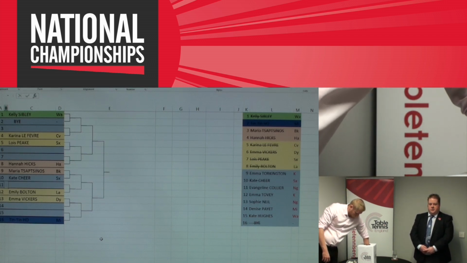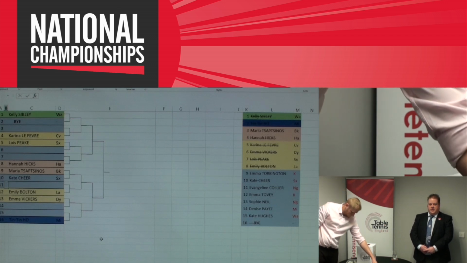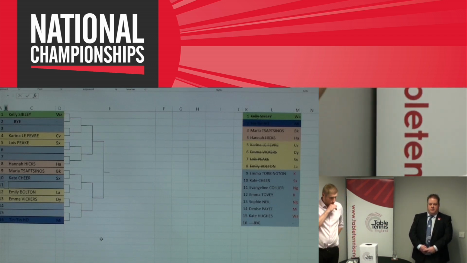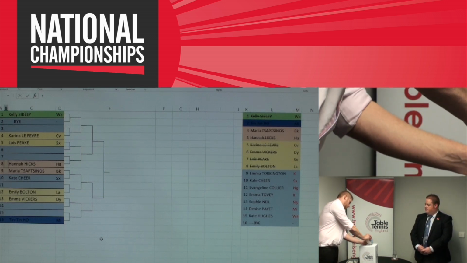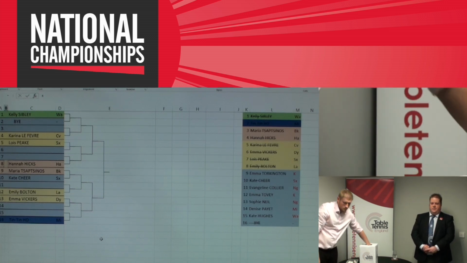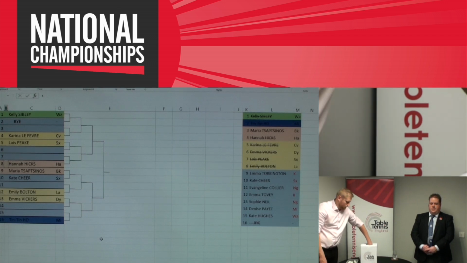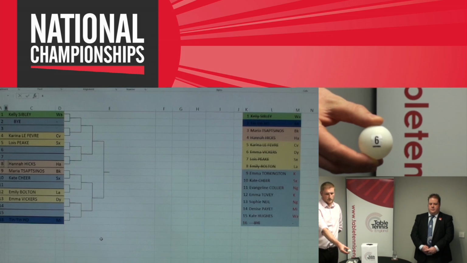The next person to be drawn from Middlesex, Denise Payet, has to be drawn into the opposite half to Tin Tin Ho, and therefore can only be drawn into positions 3, 6 or 7. Number 6.